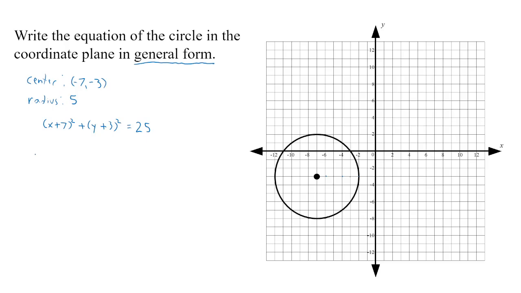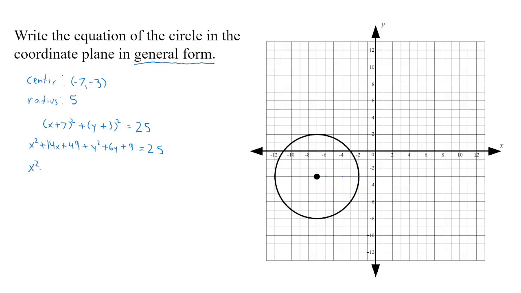So we got to rewrite this in general form. So x plus 7 squared is x squared plus 14x plus 49, plus y plus 3 squared, which is y squared plus 6y plus 9, equal 25.